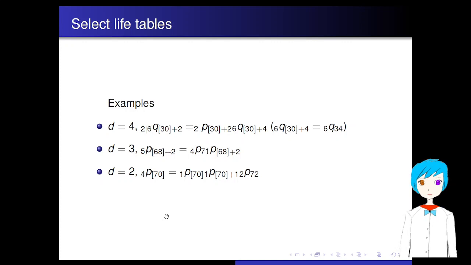So we decompose 4p_[70] into 1p_[70] times 1p_[70]+1. After the selection period, we have 2p_72. This is the same as what we can calculate from the general life table, the last term 2p_72.